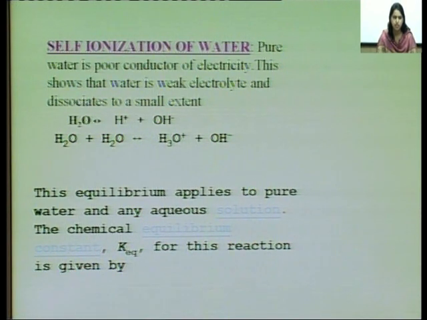This equilibrium applies to pure water and any aqueous solution. The chemical equilibrium constant, that is K EQ, for this reaction is given by, as I have already explained, the product of molar concentration of products over the molar concentration of reactants. In the first equation the products are H positive and OH negative, written in the numerator, and H2O is written in the denominator.